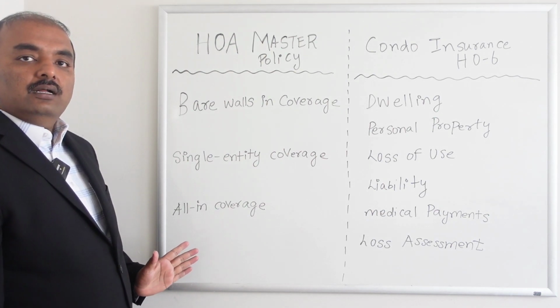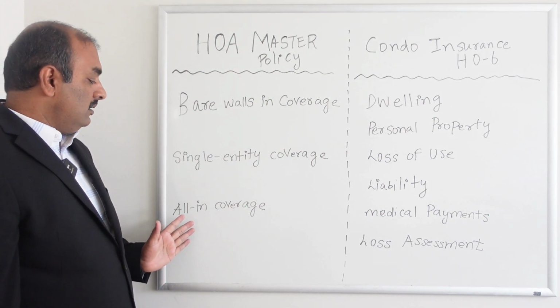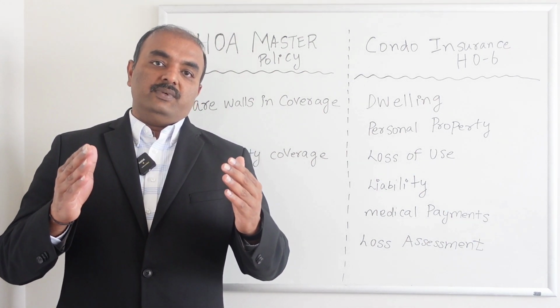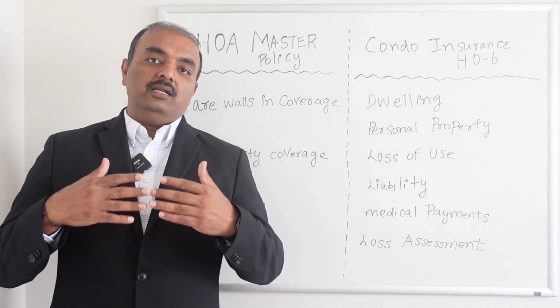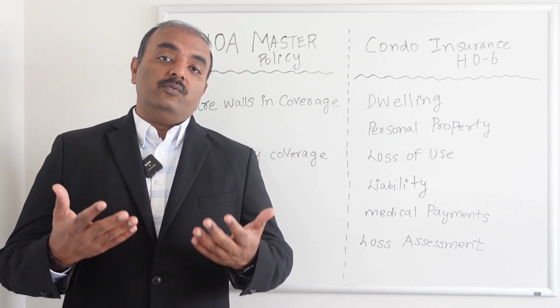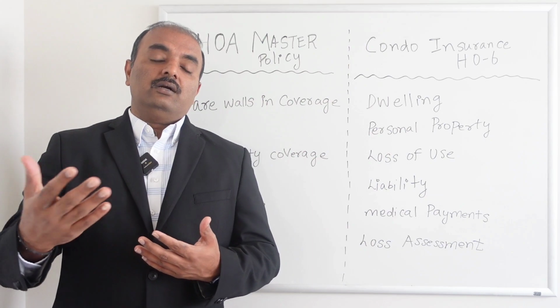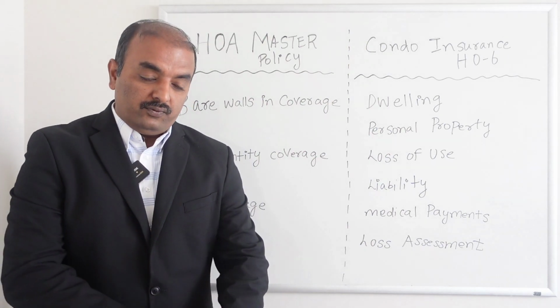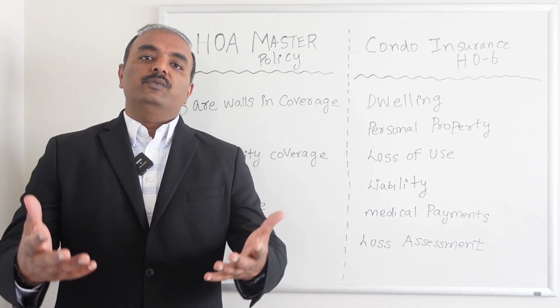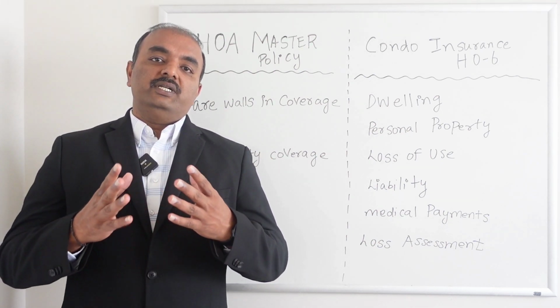The third and most comprehensive coverage is all-in coverage. This covers the outside drywalls plus roof and also any built-in appliances plus any special improvements that you have made. Say you went to a condo unit and updated your flooring to a new upgraded floor, or you made any special improvements to your unit, those will also be taken care of.